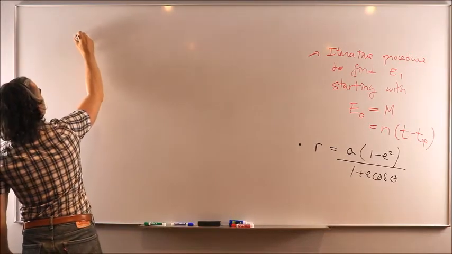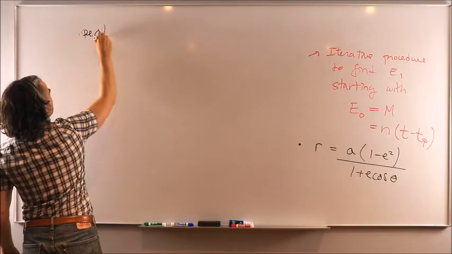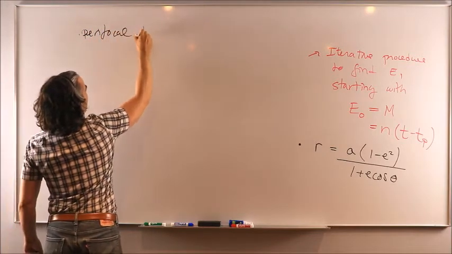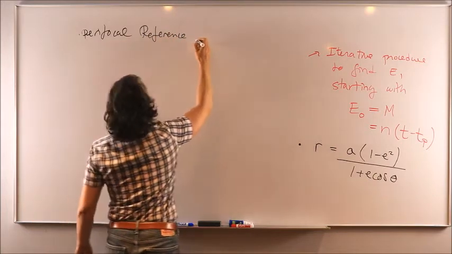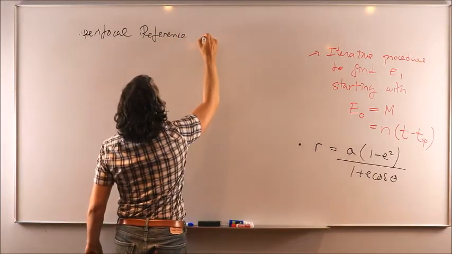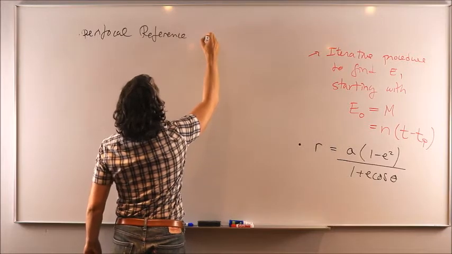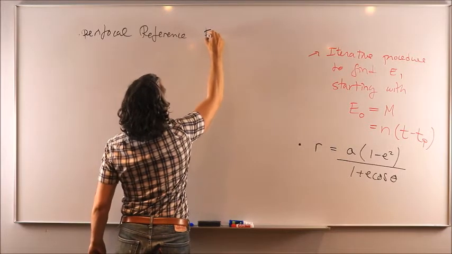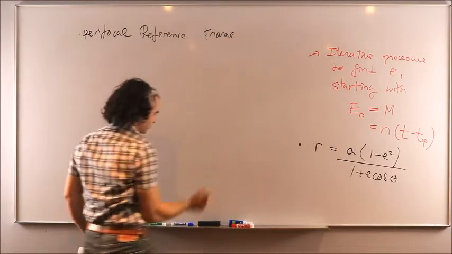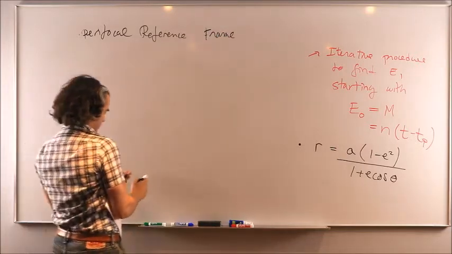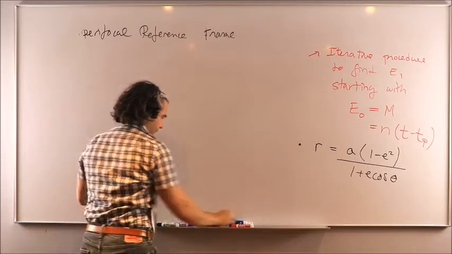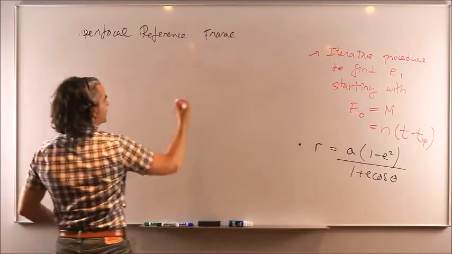So let's talk about the perifocal reference frame, because now we need to use it again to solve ultimately R and V in ECI. So the perifocal reference frame is organized like that.